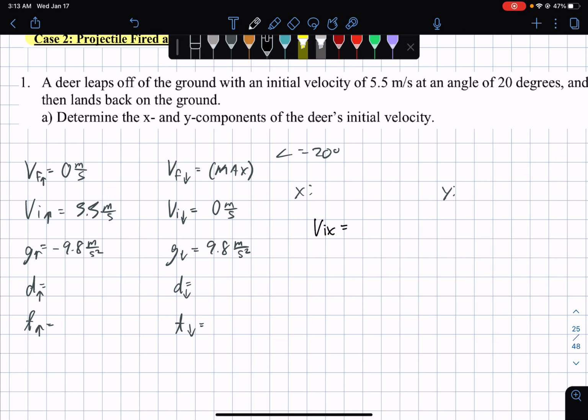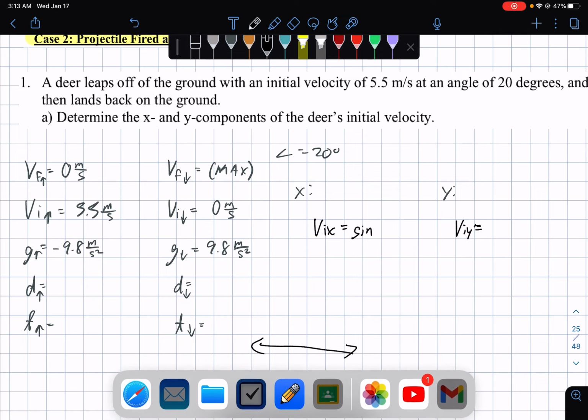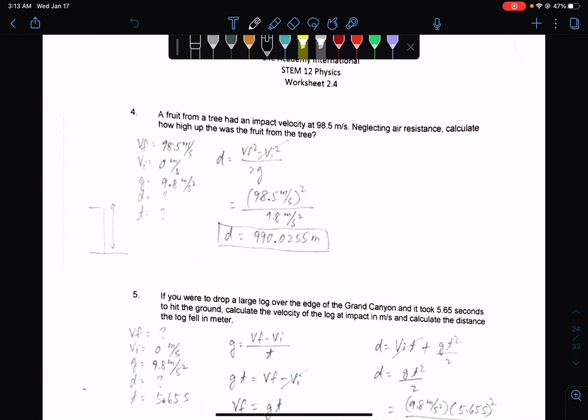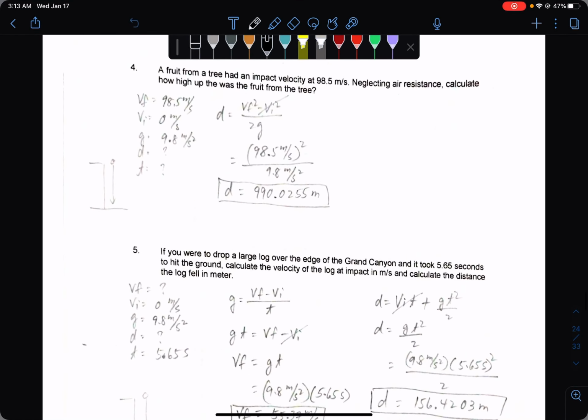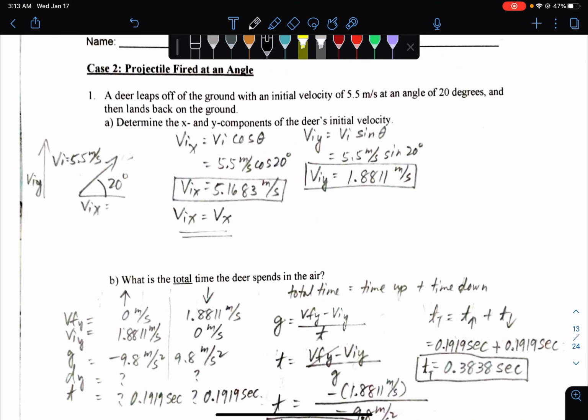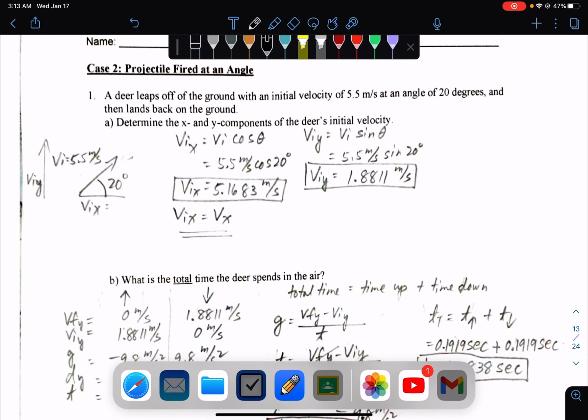Vix is equal to sine or cosine. If you think about it, it's the x-axis. So let me guess, it's sine. Wait, just kidding. It's actually cosine.